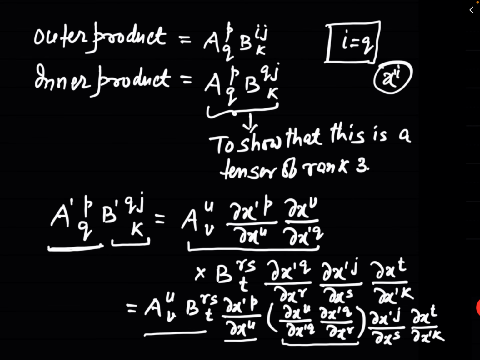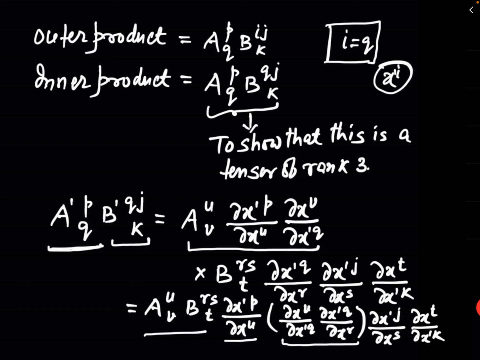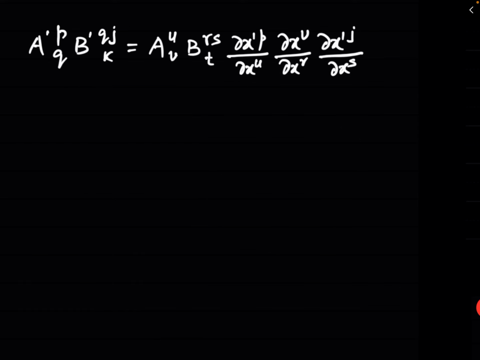And after that, del x prime J by del XS, and del x T by del x prime K. Now what is this? This is nothing, this is simply the Kronecker delta VR.